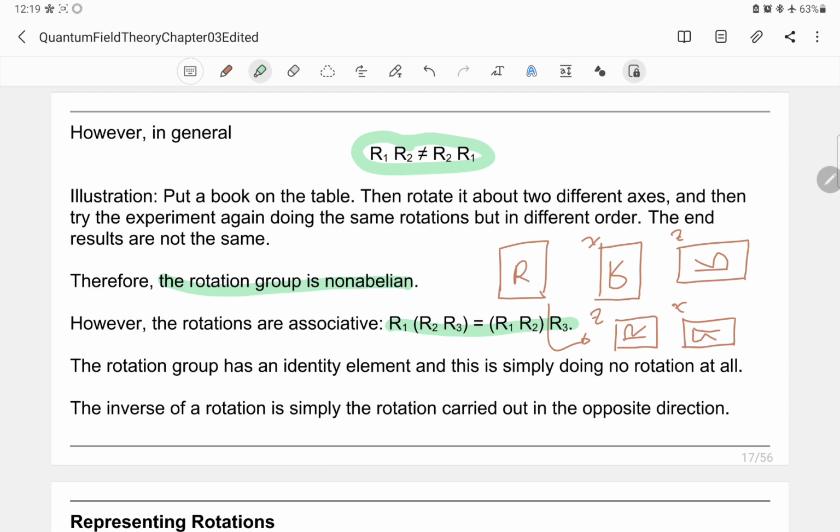The rotation group has an identity element, and this is simply doing no rotations at all. And the inverse of a rotation is simply the rotation carried out in the opposite direction. These are very important things for the rotation group: the identity and the inverse.